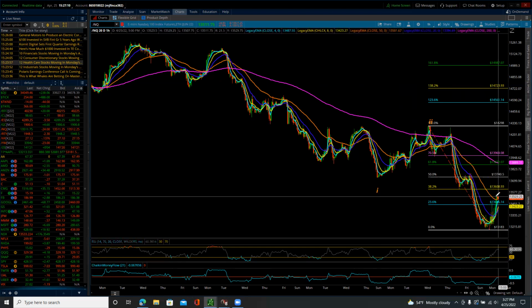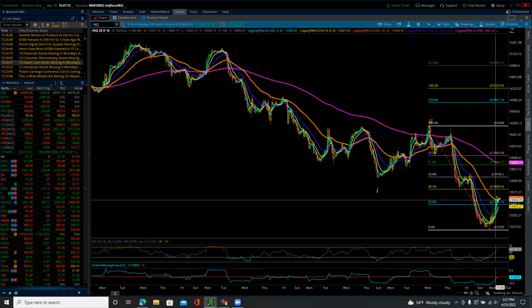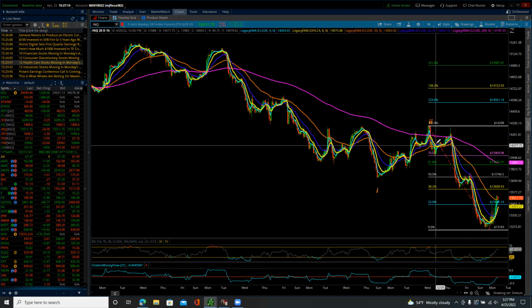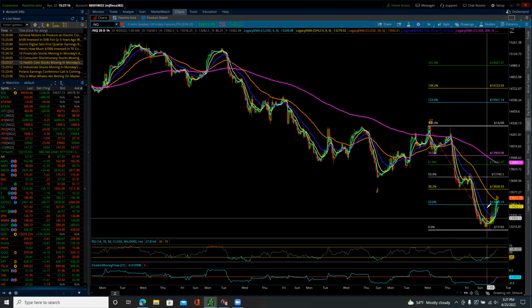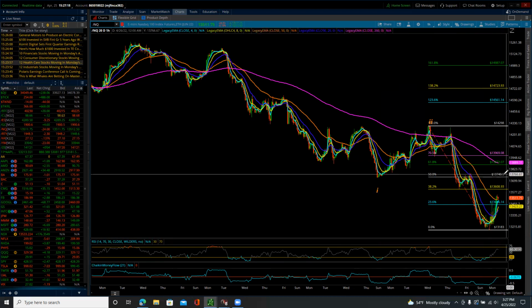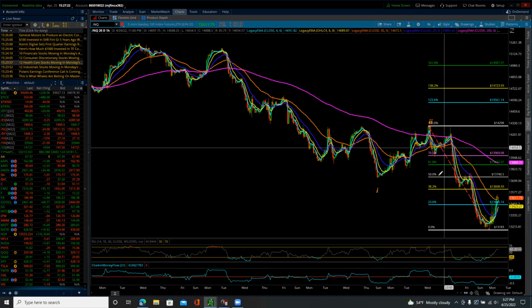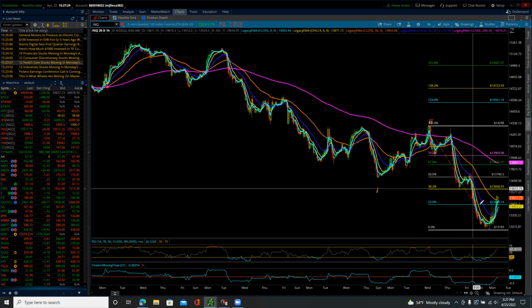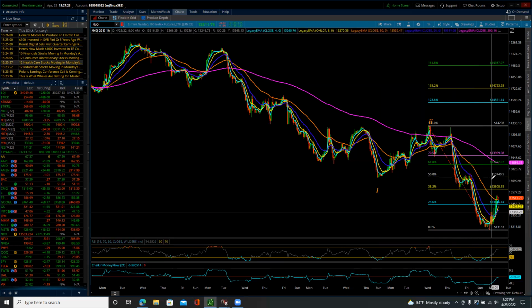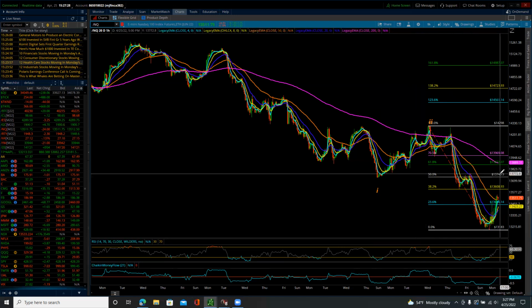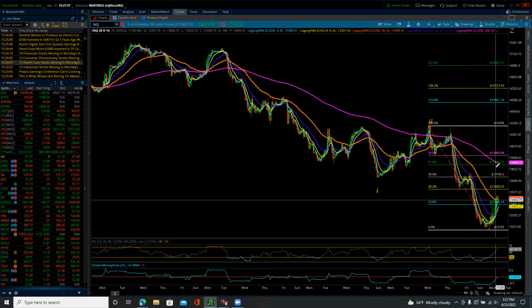So is it going to happen again? We got to the 50. That's pretty strong for me in the degree level that I'm looking at. But it can get here. The most common would be 13,740. The 50% retracement is 13,741. 61.8%, not out of the ballpark.